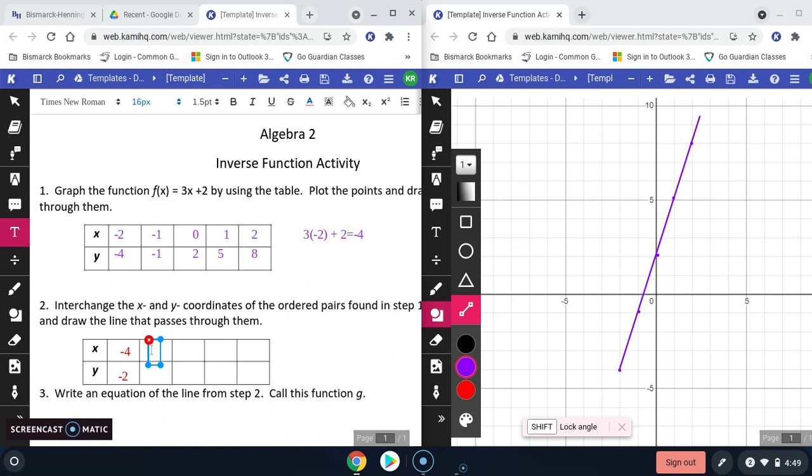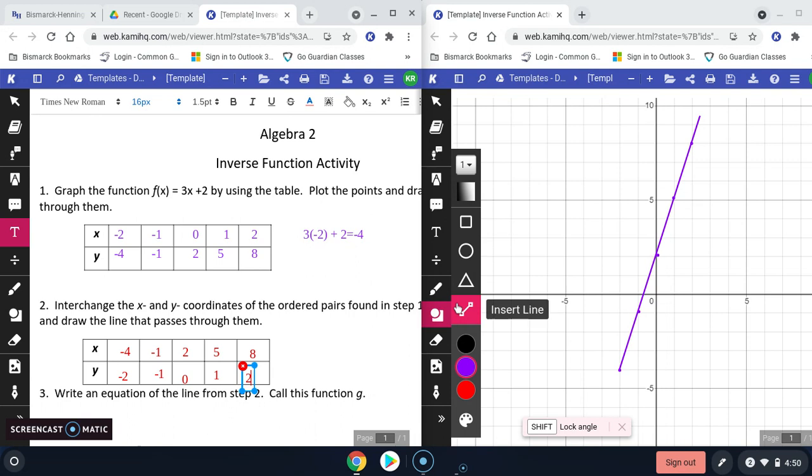And so do the same thing with all of the points. Now, when you swap -1, -1, it stays the same. But then instead of the point 0, 2, this would be the point 2, 0, and then so on. So then this is 5, 1. And last one, 8, 2.